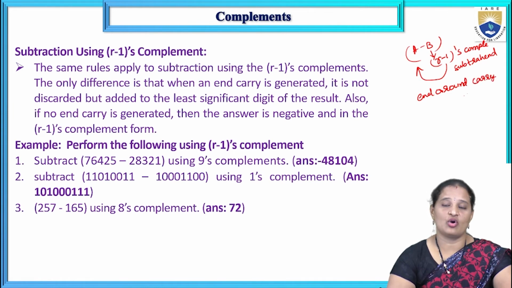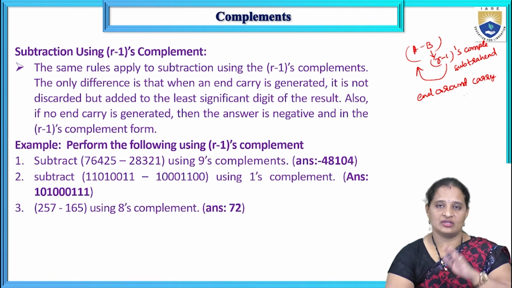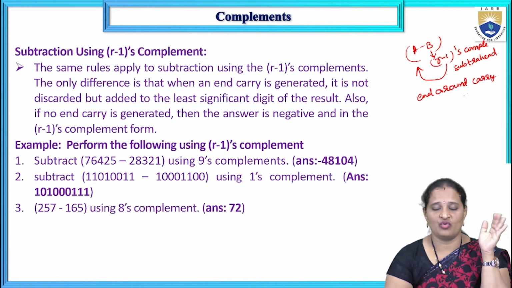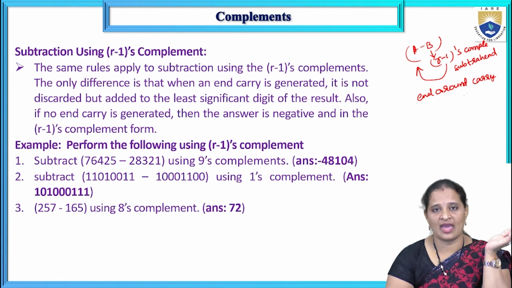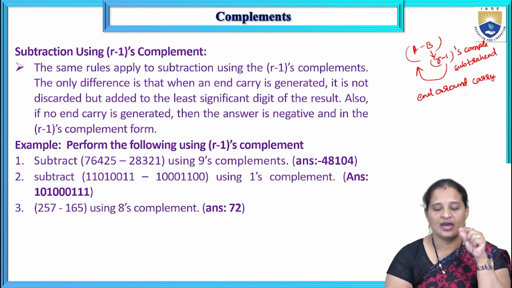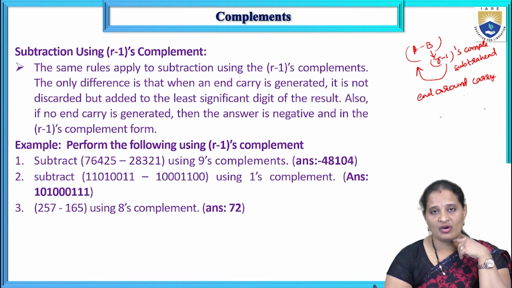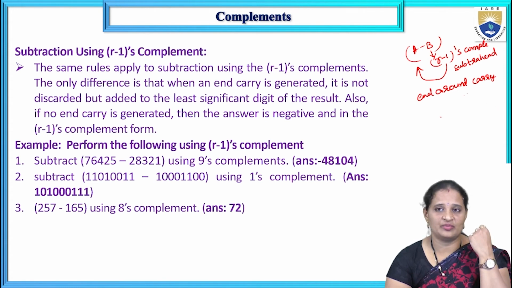In r's complement subtraction, if a carry is generated, just discard the carry and the result is considered positive. If a carry is generated in (r minus 1)'s complement subtraction, then add it to the least significant digit, which is the end around carry, and the result is considered positive.